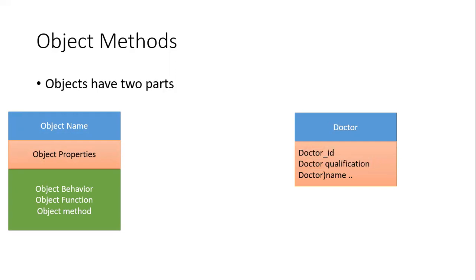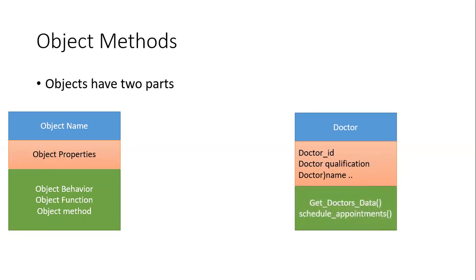For instance, there is an object of doctor, and it has some attributes or properties: doctor id, doctor qualification, and doctor name. And it could also have some methods or behaviors. You could see over here get doctors data and scheduling appointments. So a doctor can schedule some appointments as per their schedule. So it is called the behavior of the doctor.